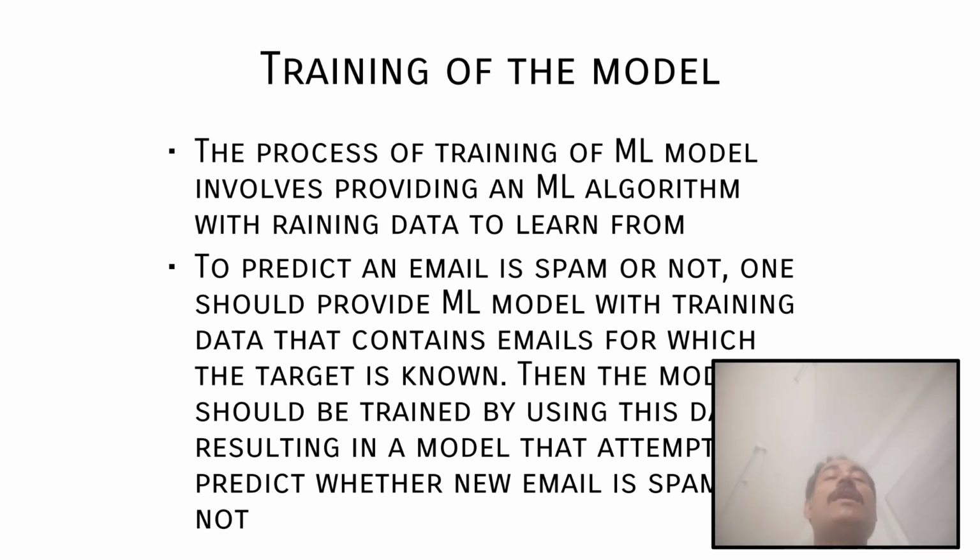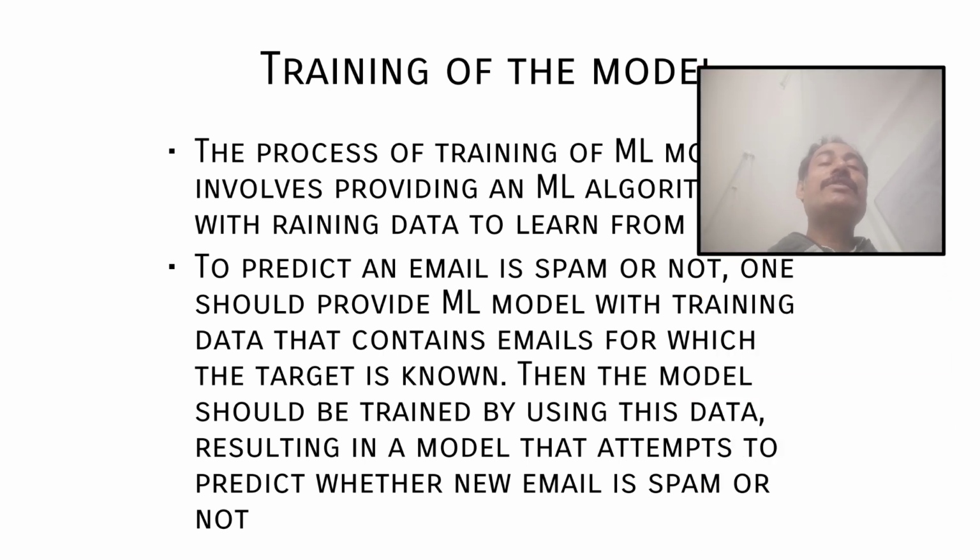That is, in every case we are considering, the output is known to us, whether the corresponding mail is spam or not. Then the model is trained using this data, resulting in a model that attempts to predict whether a new mail is spam or not.